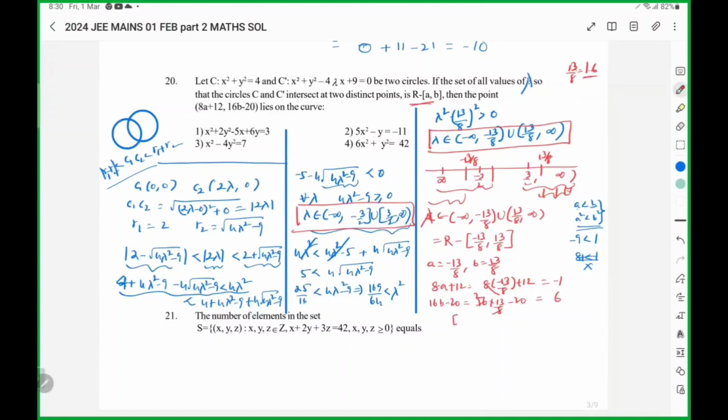So the interval here is this point. They told the point lies on the curve. Substituting here, it is satisfying the fourth equation. So answer is 4.